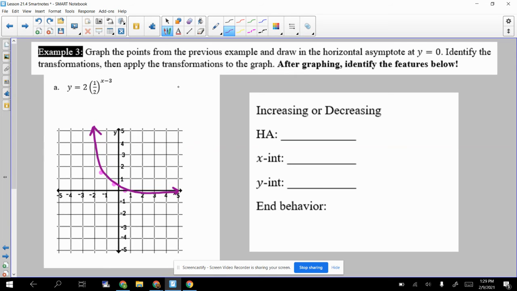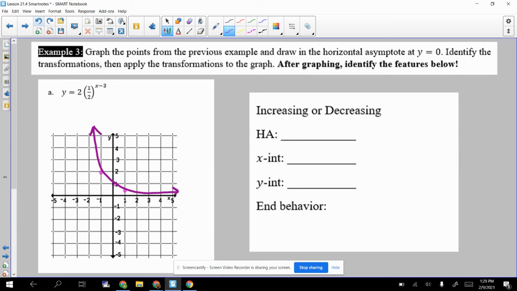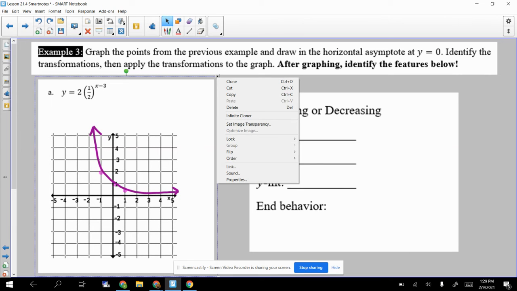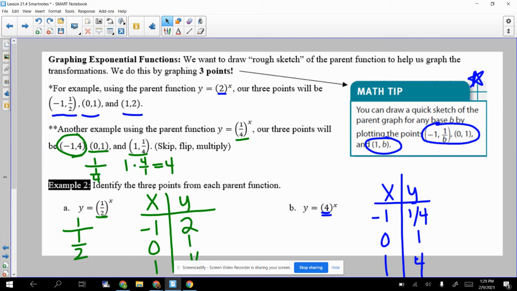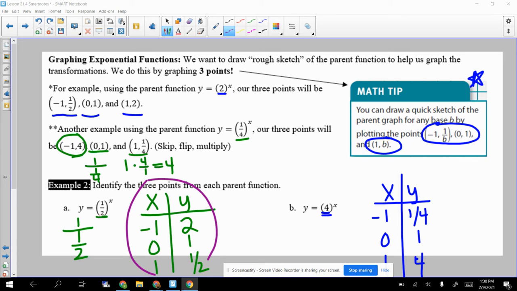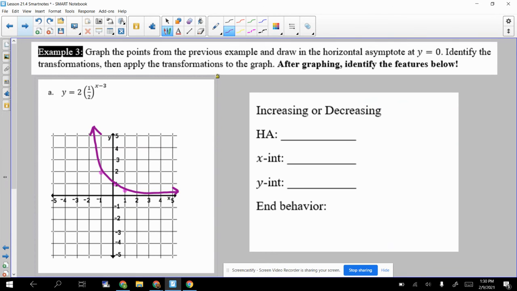So in purple, that is y equals 1/2 to the x. So that one we just did on the last page. So I just plotted these 3 points in purple. Okay. So that's what I've done so far.